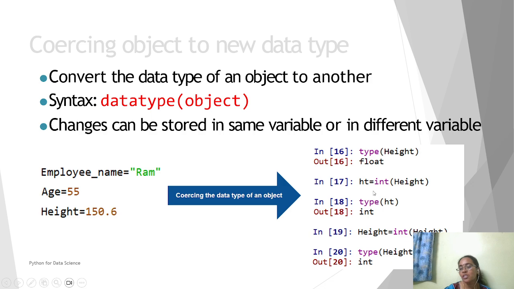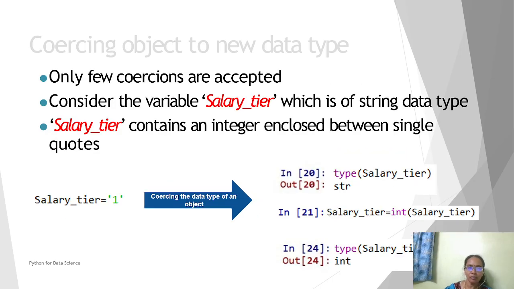In this step, ht equal to int height will convert the float value 150.6 into 151 or 150. Then if I give type of ht it will give an output as int. The next one, I am converting int of height, it will give int only, because it is already an int.